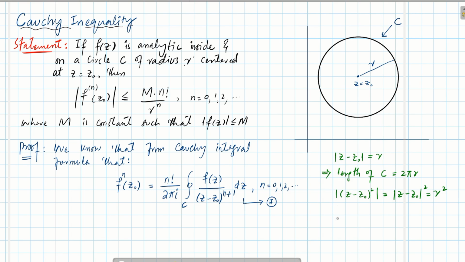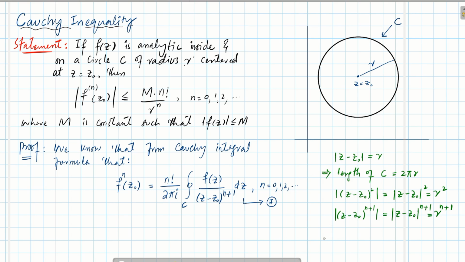In this similar pattern, we can say that mod z minus z naught to the power n plus 1 is equal to r to the power n plus 1. Got it?